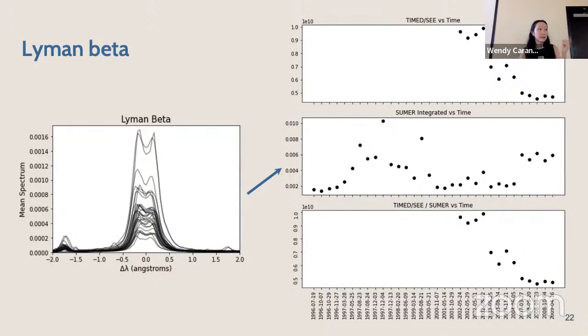So I'm hoping that doing that calibration with that ratio back to SUMER and spacing out the time scale might give me some more insight into that. But I also don't think we wouldn't get a linear fit either, but it's always a possibility.